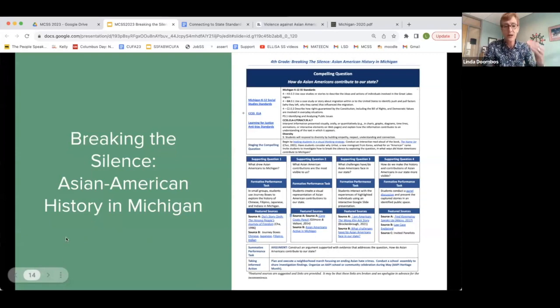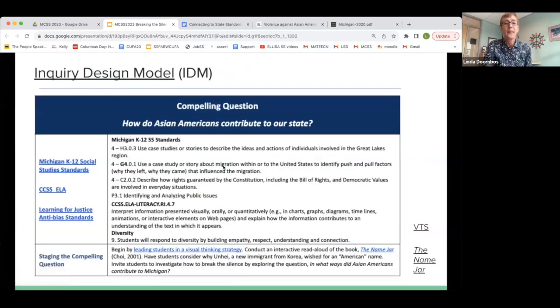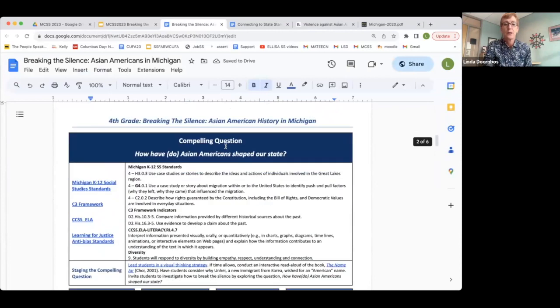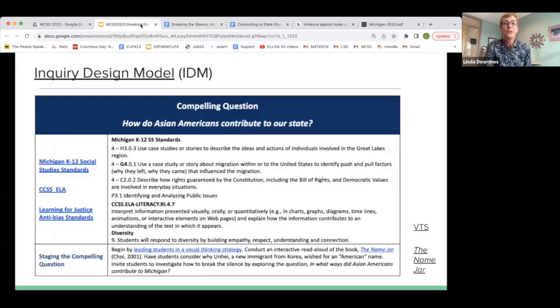So I'm going to take it apart piece by piece for you now. So I do have linked here the inquiry design model so you can see it up close and personal, but we're just going to take it one step at a time. You can see that I aligned it to the 4th grade standards. Also linked it to a literacy standard where we're talking about interpreting information presented visually, orally, or quantitatively.